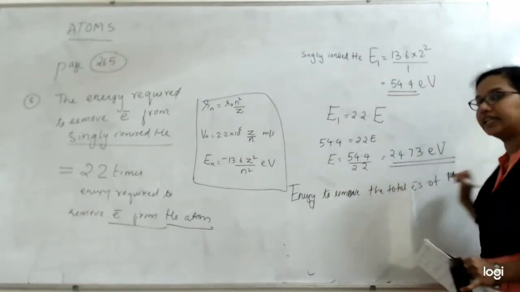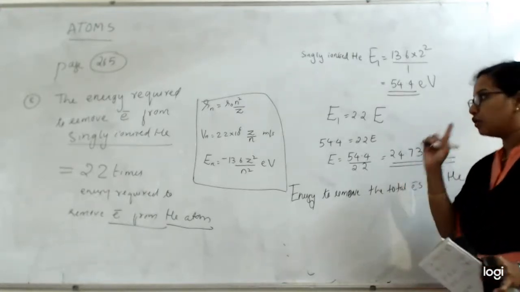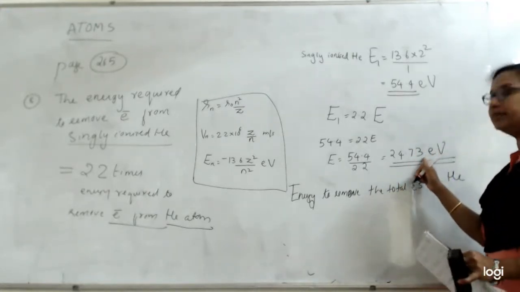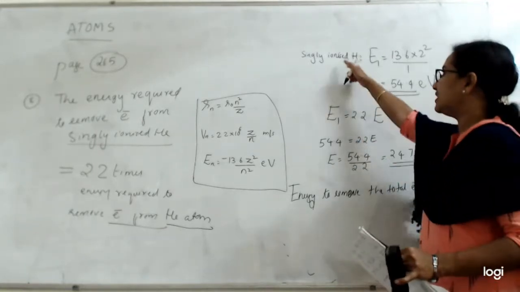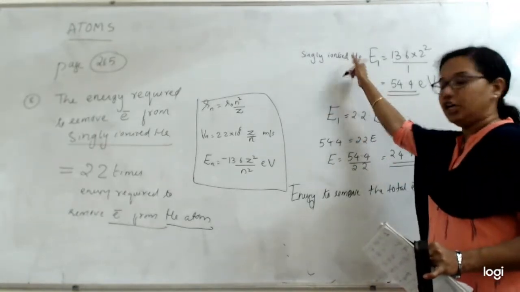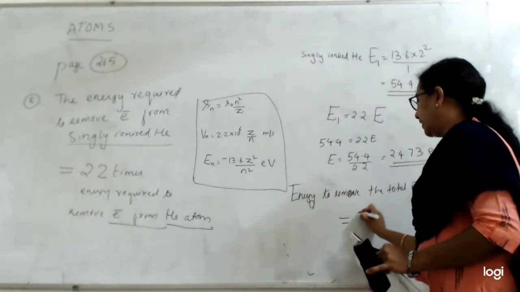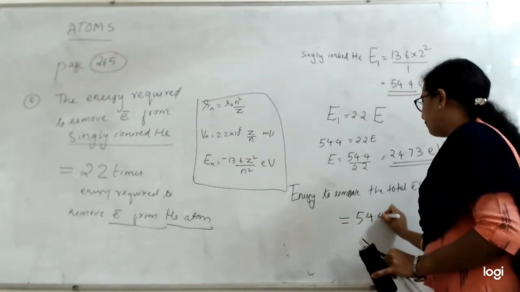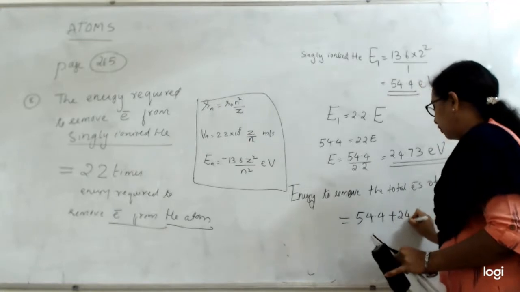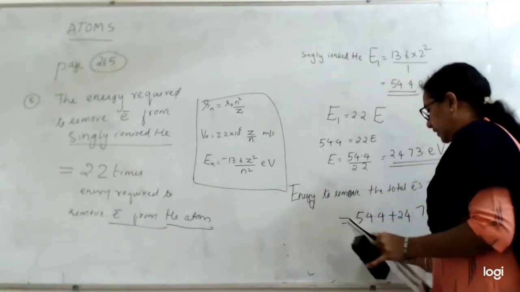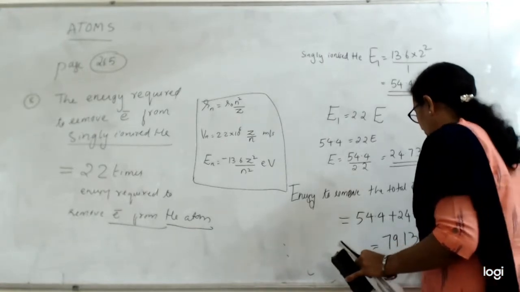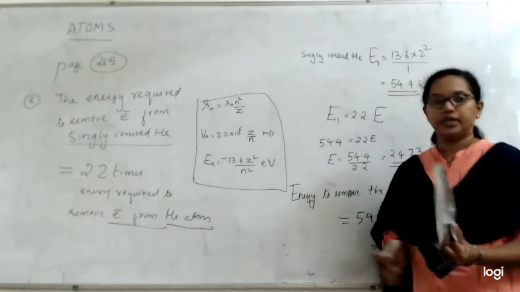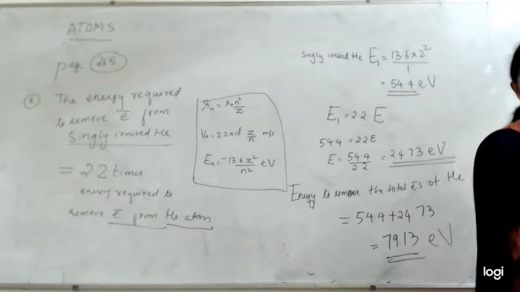How many electrons are there for helium? Two. When one electron is going, it goes as a singly ionized helium. So the total energy required, I can write 54.4 plus 24.73, that is 79.13 electron volts.